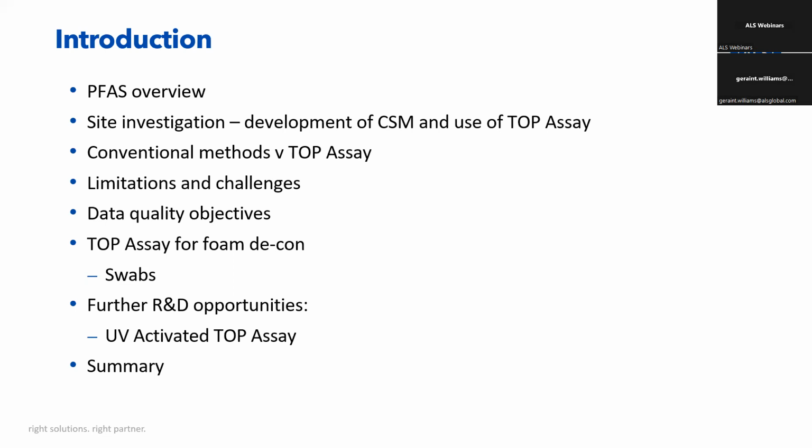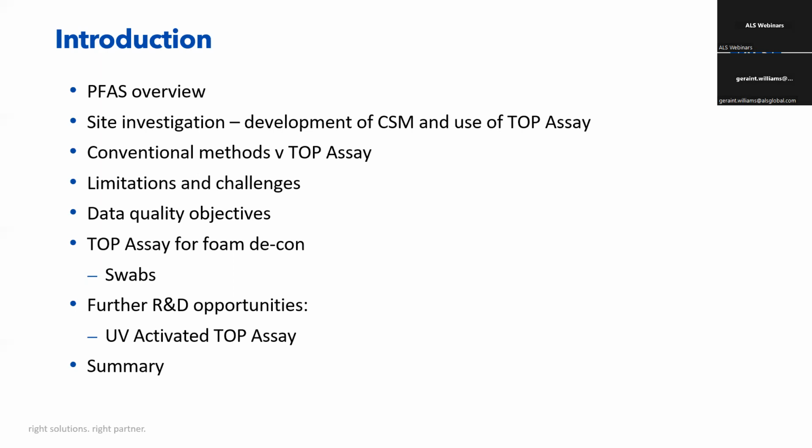For instance, TOP assay could be used alongside combustion ion chromatography, techniques such as absorbable organic fluorine and extractable organic fluorine. We've got colleagues across the world who have carried out comparisons between the data we're getting from TOP assay and the results from absorbable organic fluorine and extractable organic fluorine. So it's quite useful in that respect.